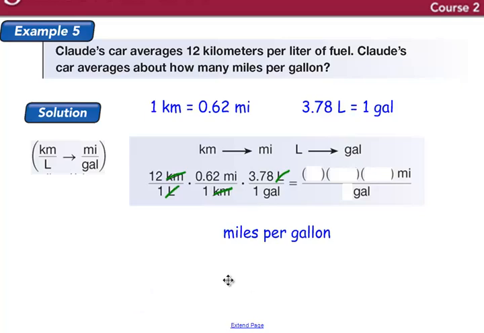So now we know we will multiply 12 times 0.62, or 62 hundredths, and 3.7 is equal to 1 gallon.